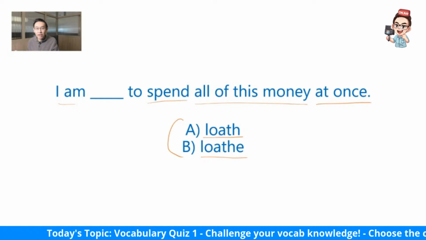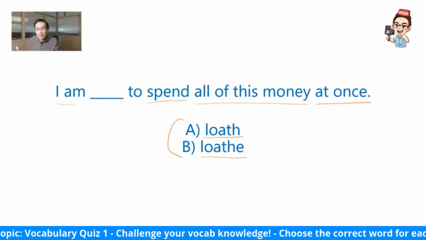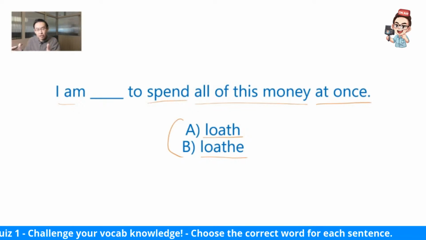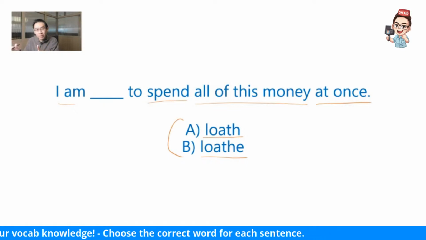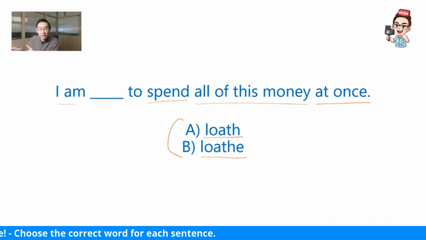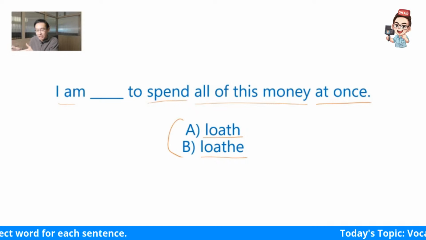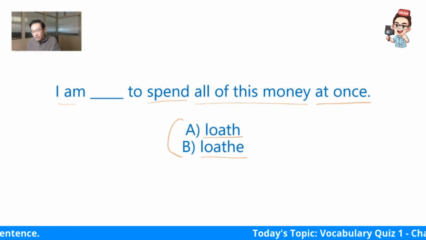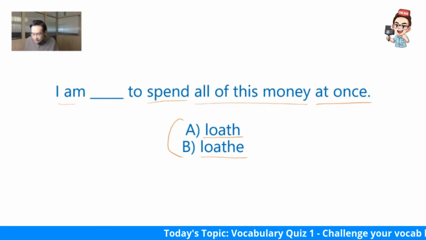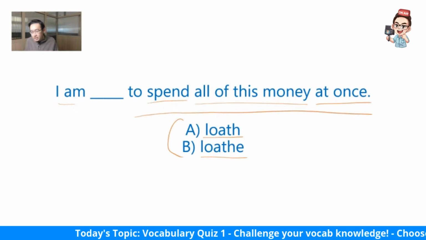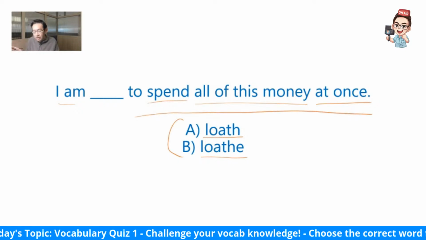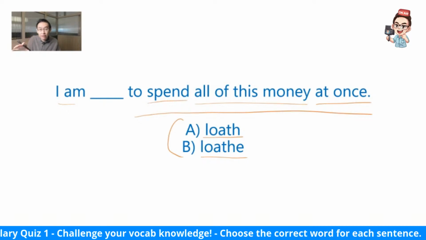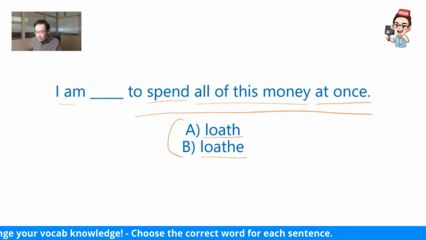If I got $1,000 maybe, and I used it for a laptop, then I used it all at once. But if I only use 500 and I save another 500, it means I didn't use it all at once. So here, to spend something all at once means to use everything at that time without saving it for another time or another use, okay?